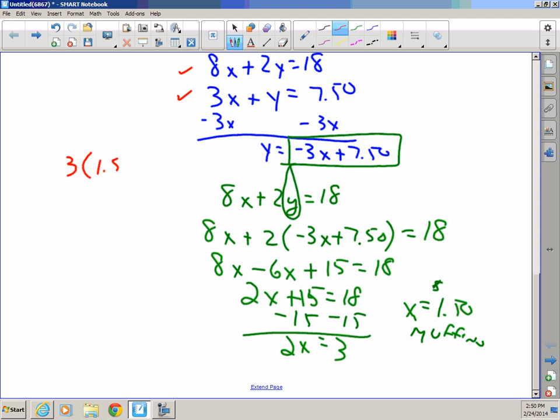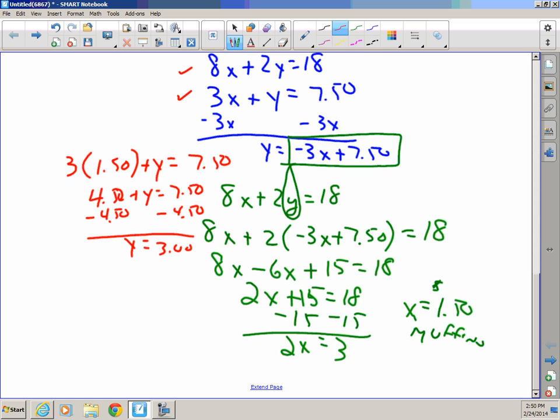The numbers are smaller. So when I put in $1.50 for x, I find out that y is equal to $3, and that's the cost for the milk.